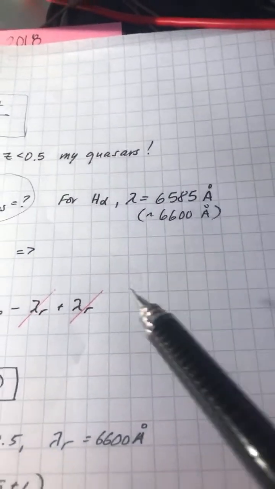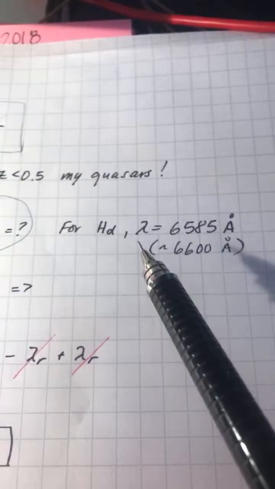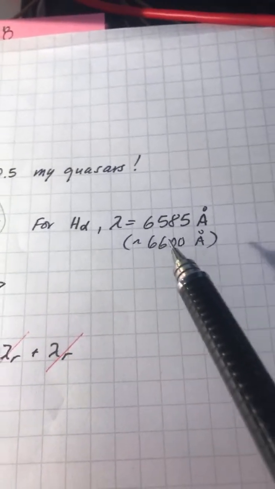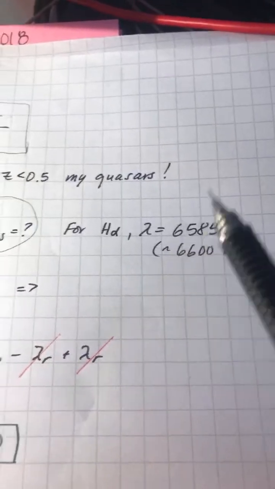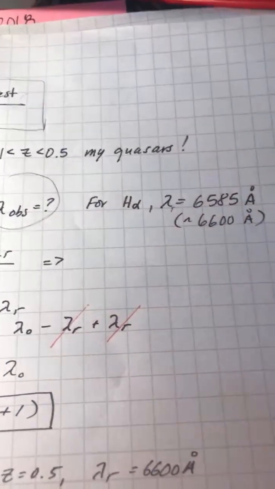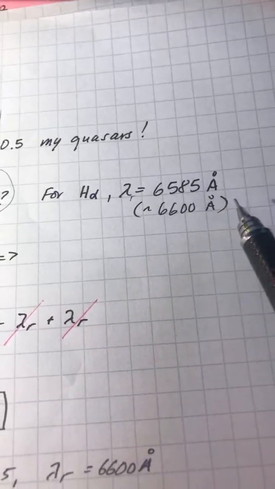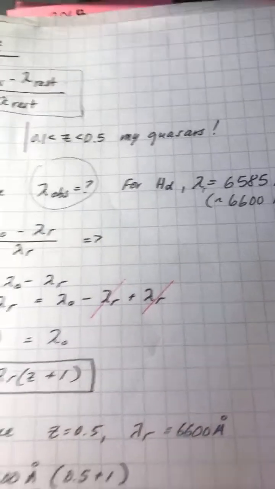So for example, then we can determine what it is for H alpha, a prominent emission line with its rest frame wavelength at 6585 angstroms, or about 6600 angstroms.